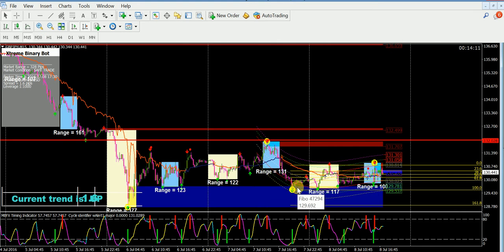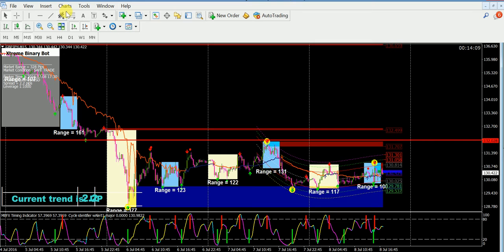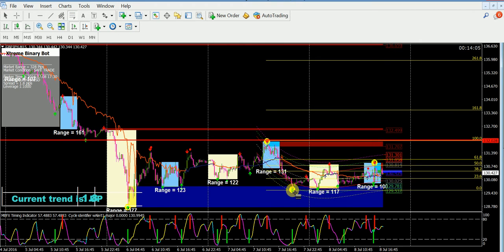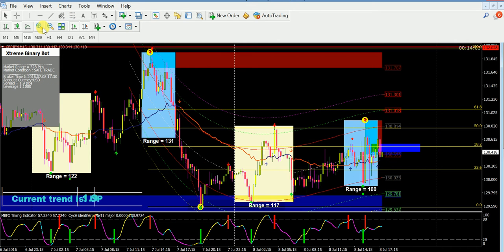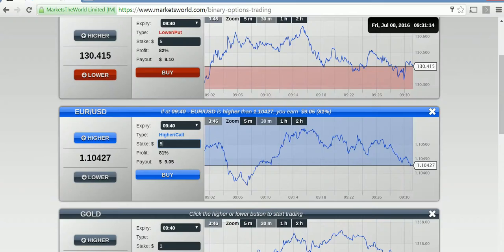For now, let's just keep our previous Fibonacci up, because we don't know if that high is going to help, because the Asian ranges are not typically legitimate strike points. So we're going to wait for confirmation.